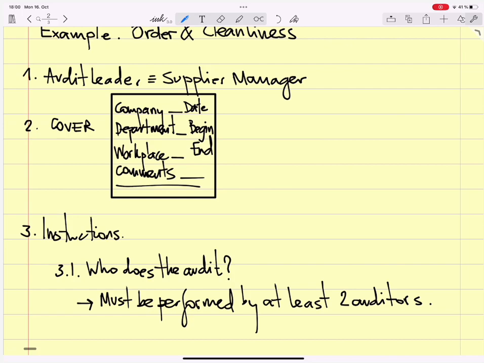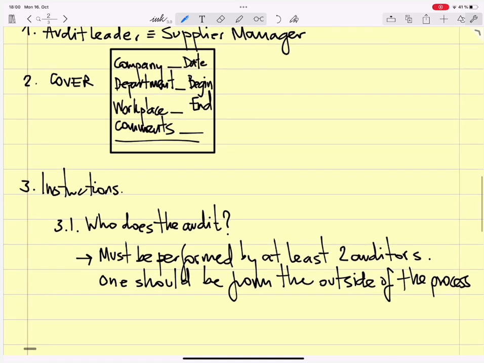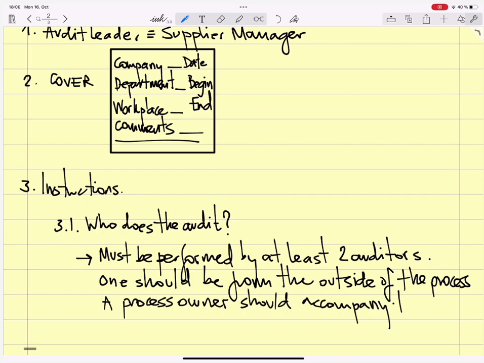Okay, and one should be from the outside of the process. So not a process owner. And a process owner should accompany the audit.